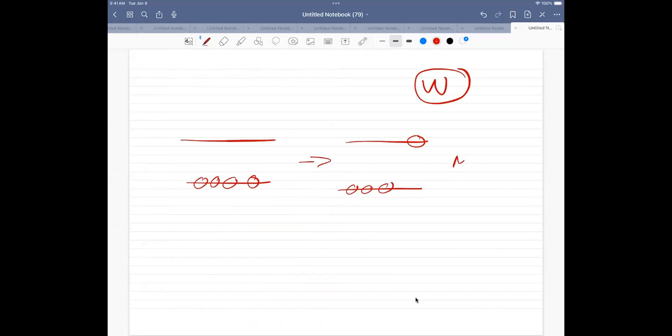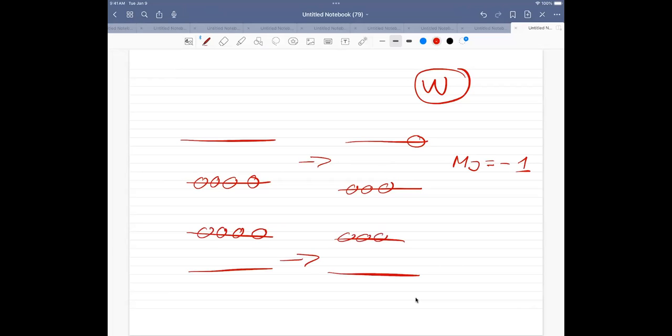That would be a state which now has mj equal to -1. And similarly, I could start with a state here, and then move down to this state. And that would give me an mj equal to +1. So these are the possibilities I have for the spin projections, and there are 5 of them.